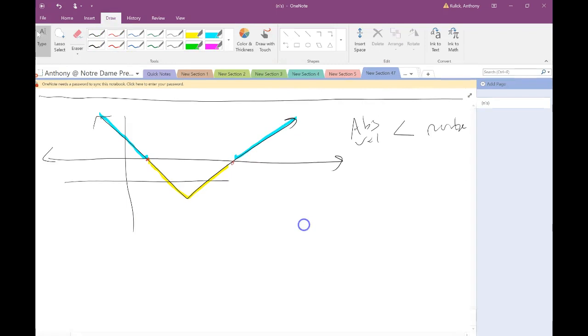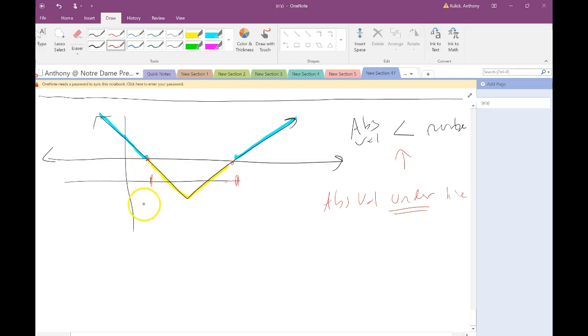Okay. So since it's less than, this is the absolute value under the line. If it was greater than, it would be the above part. Okay with that? So what I'm going to do is look at what these two x values are and write that interval or that set of inequalities.